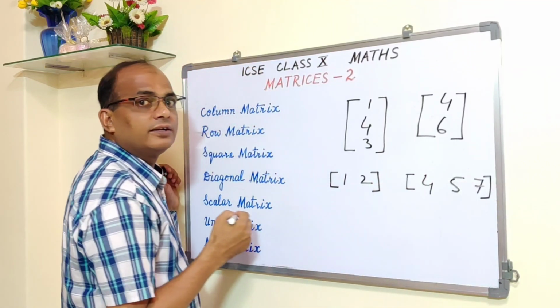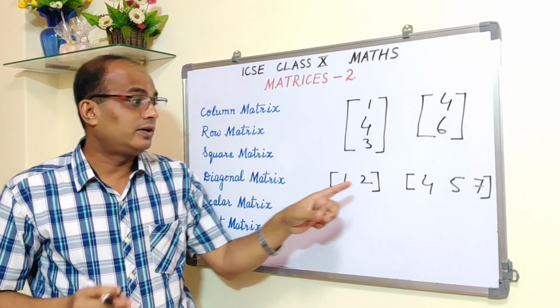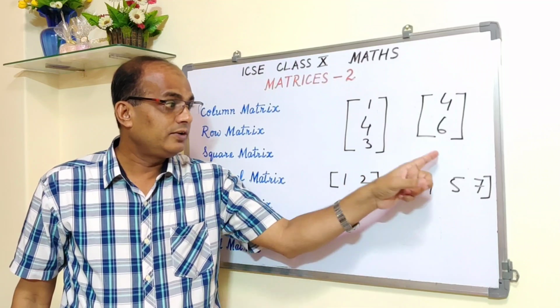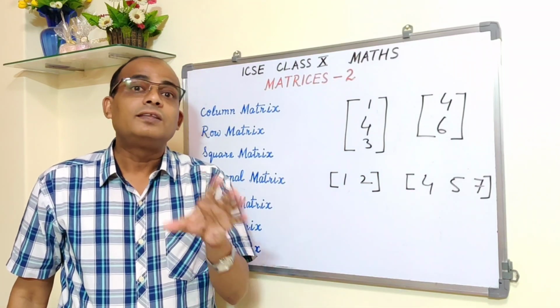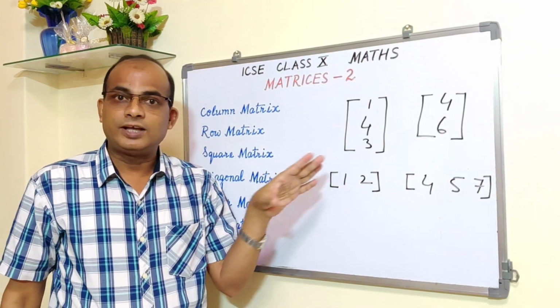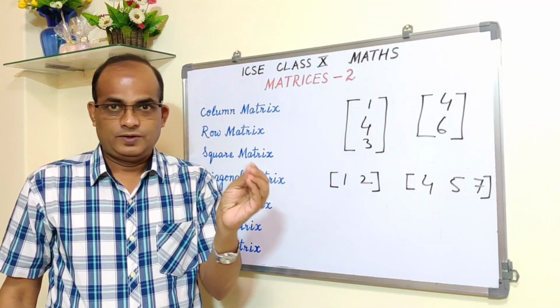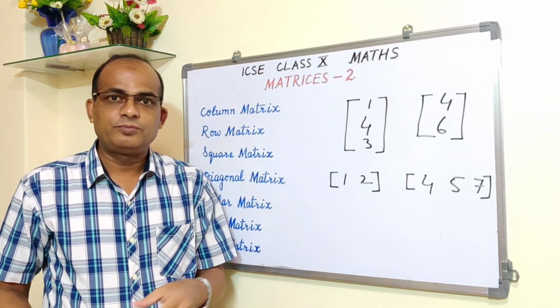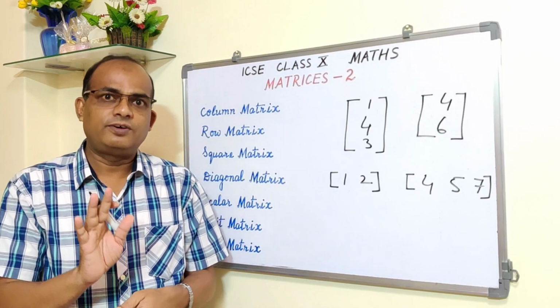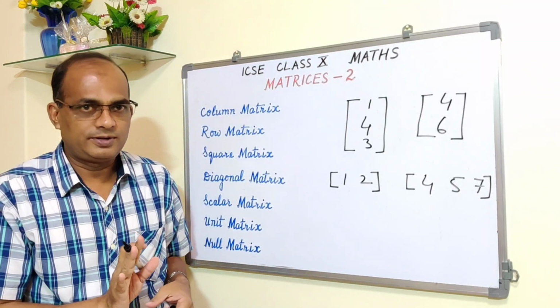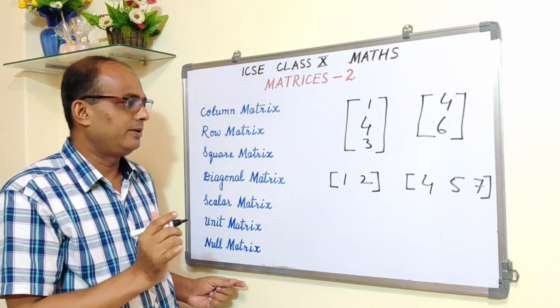Row is 1, though there are 3 columns. 3 columns or 3 rows I am taking only to explain to you what is a row matrix, what is a column matrix. Otherwise we don't have 3 by 3 matrices.